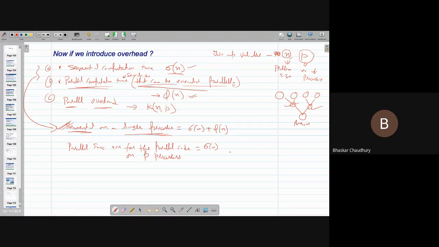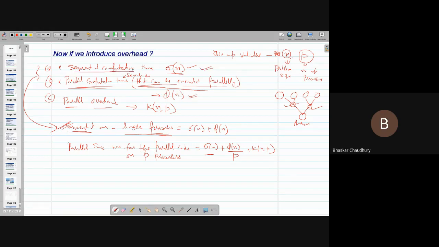Now you tell me clearly. Phi n divided by p, something like that. And then anything else? Plus k of n comma p. Yes. So this is the serial part which cannot be done in parallel, clearly written as sequential computation time.